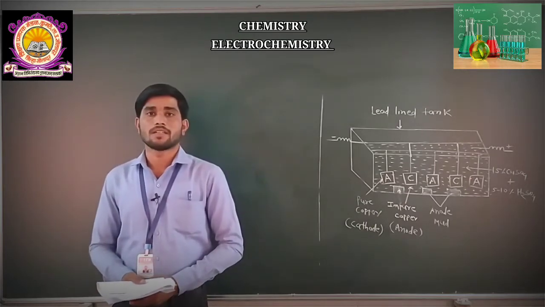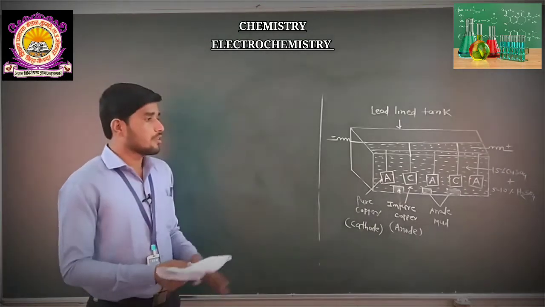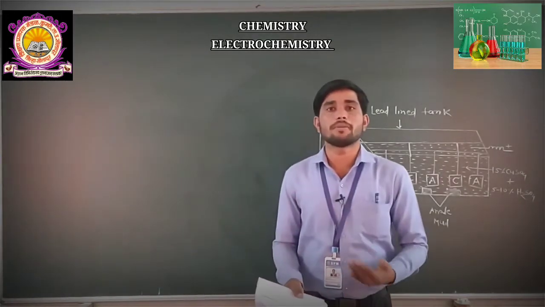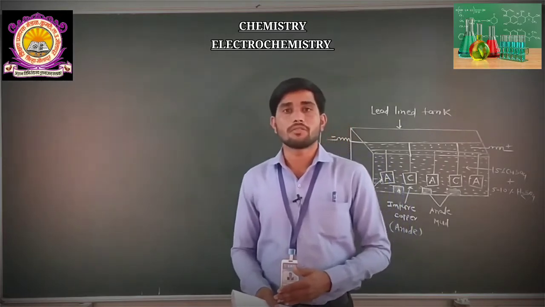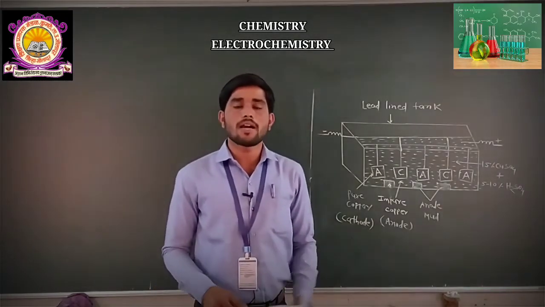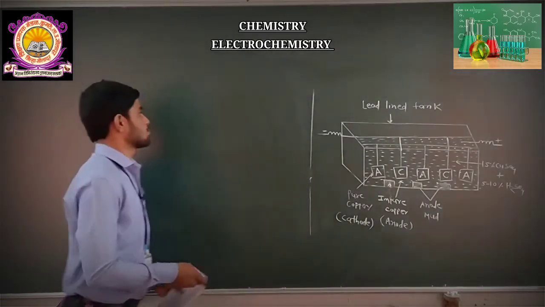In the last video lecture we understood what the exact procedure is and how this procedure will be run. Later on we will start what is meant by the exact electro-refining process.